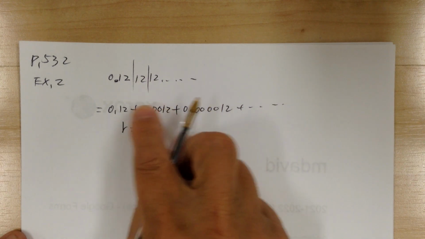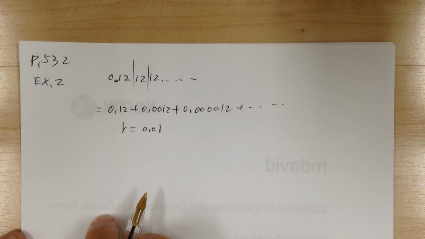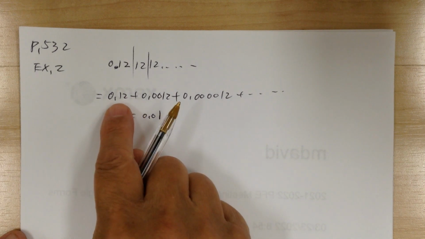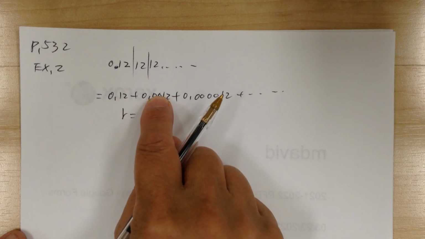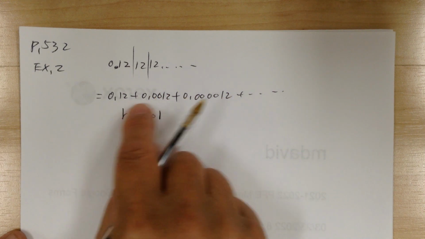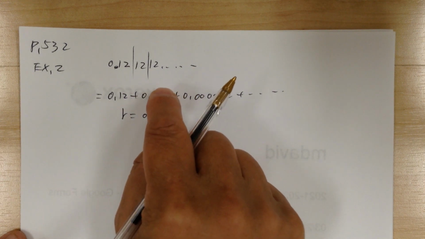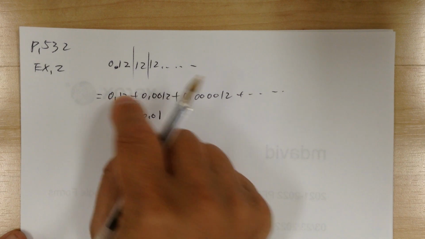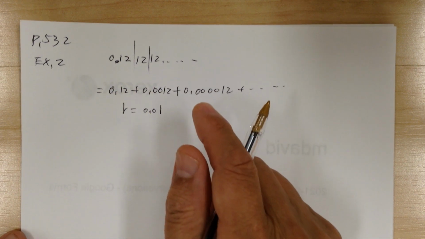You can just put this over this, and that's how you figure out r. And notice that this shifts over two places each time. So r, you just pick any term and put it over the previous term, and that's how you get that.